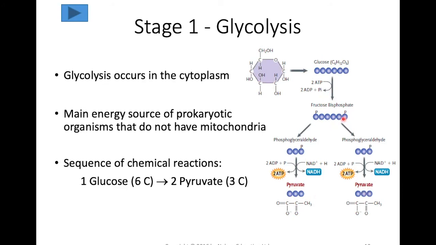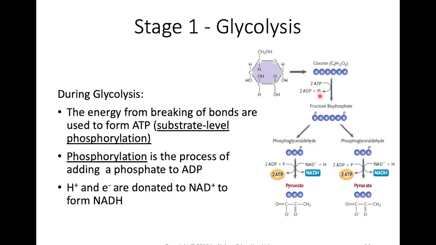Now, along the way, to actually get this started, we require the input of ATP. And ATP, remember, is adenosine triphosphate. That's our energy molecule. When we break the bonds of these molecules, that energy in the form of electrons is then used to form ATP, right? That's known as phosphorylation.